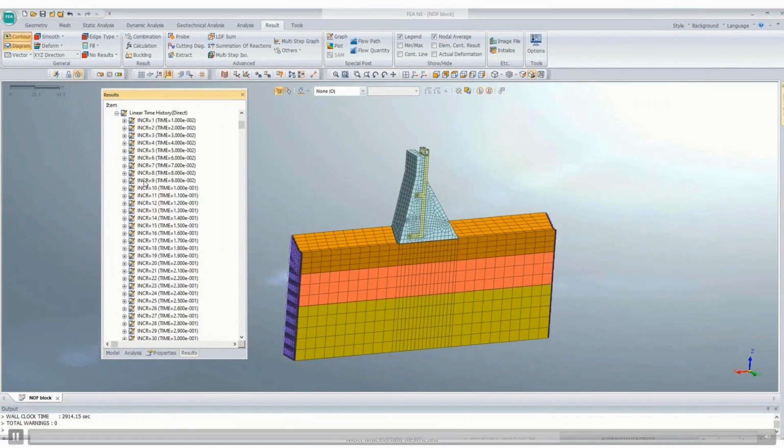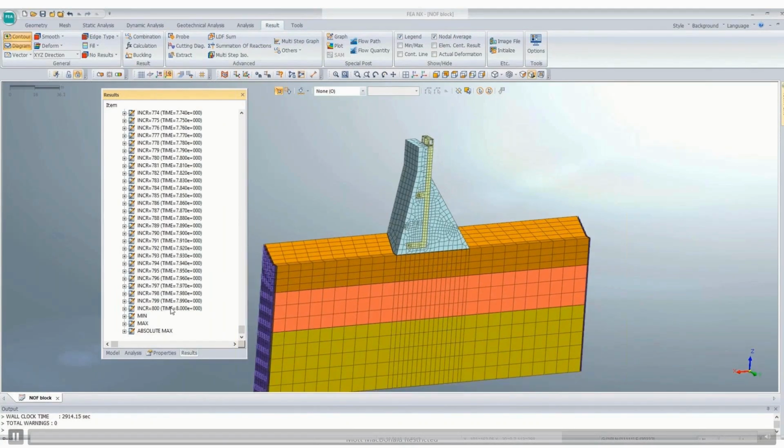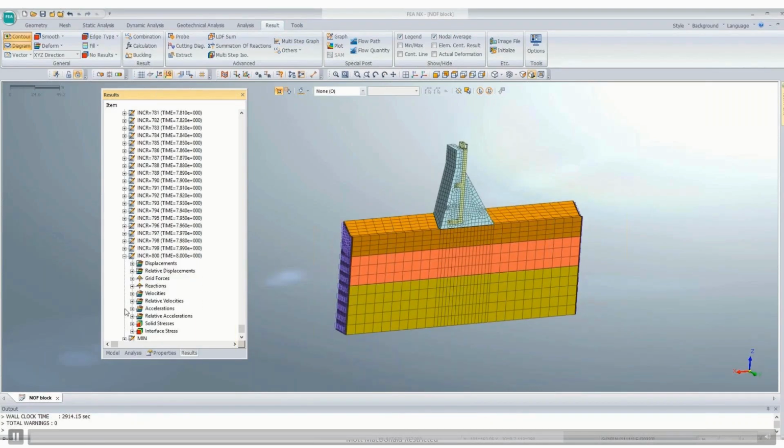Okay, so for each time cycle we have the results. We can see the minimum and maximum values. Let's see the deformations first, how it is deflecting, how it is dancing to the tune of ground shaking. Relative displacement, total deformation.